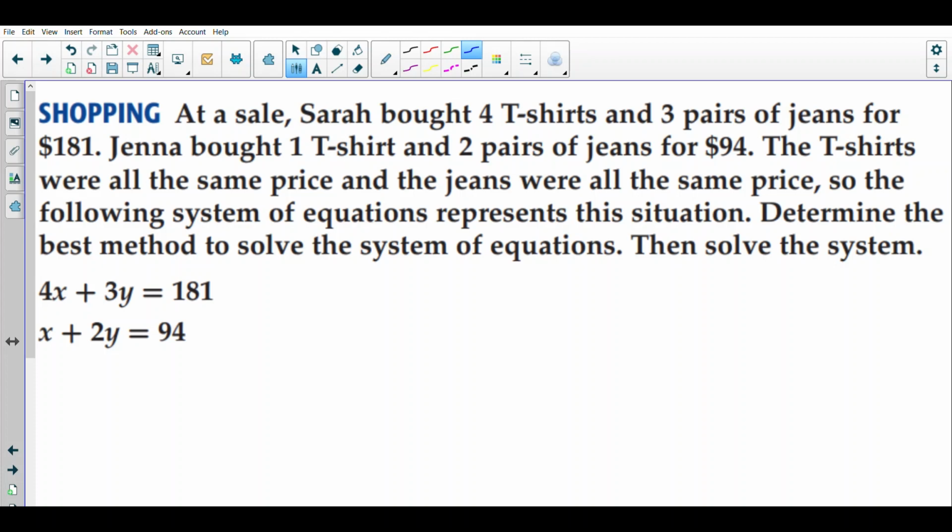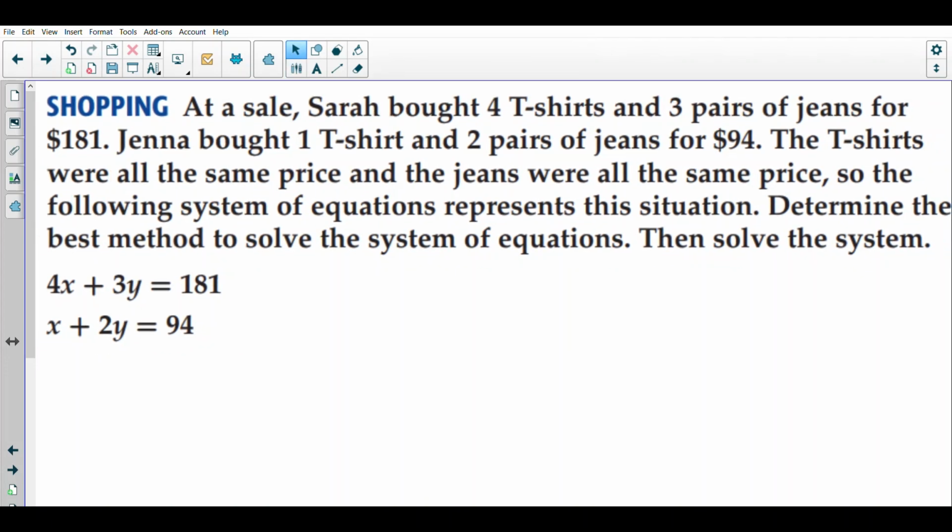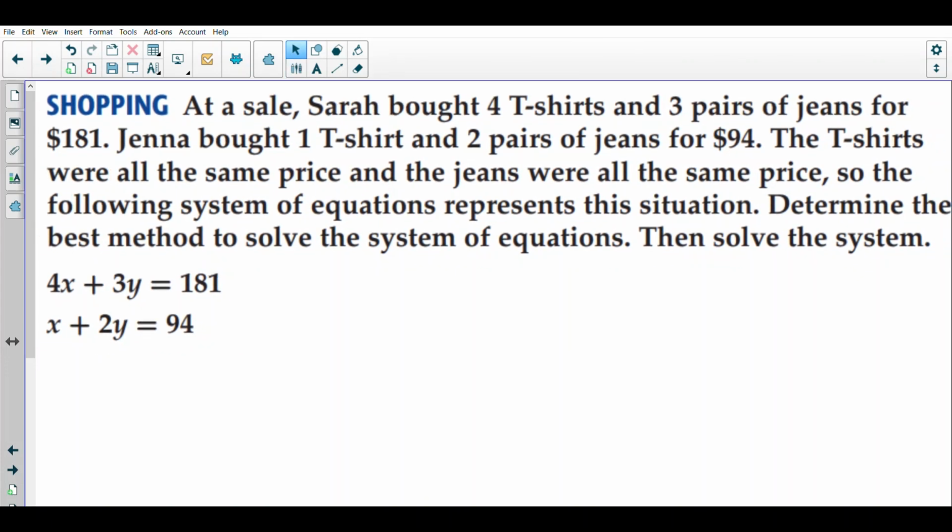So if we look at this, they do have it already set up for us. I'm just going to move it over a little bit. Now, both substitution and elimination would take one step more, so it really doesn't matter which one you do. I prefer elimination when I can.